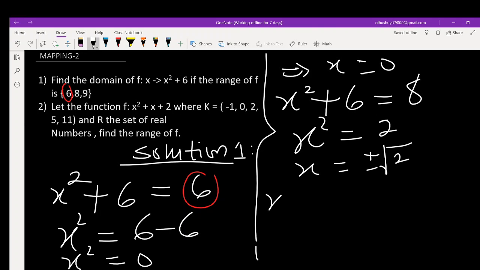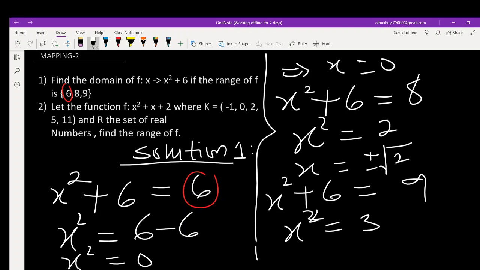The next one, which is the last one, x squared plus 6 is equal to 9. So x squared is equal to 3, isn't it? So your x is equal to plus or minus the square root of 3.